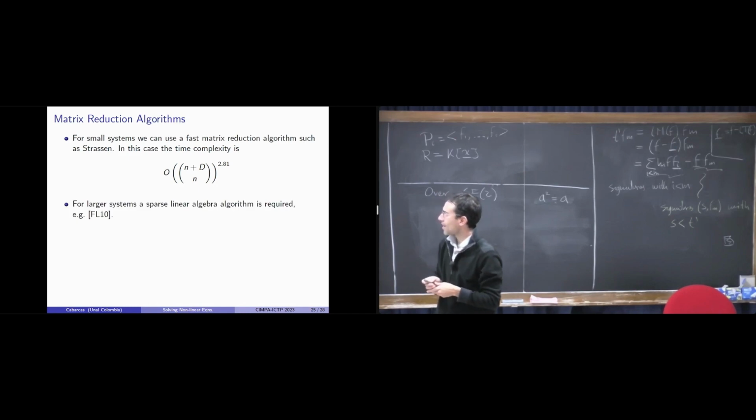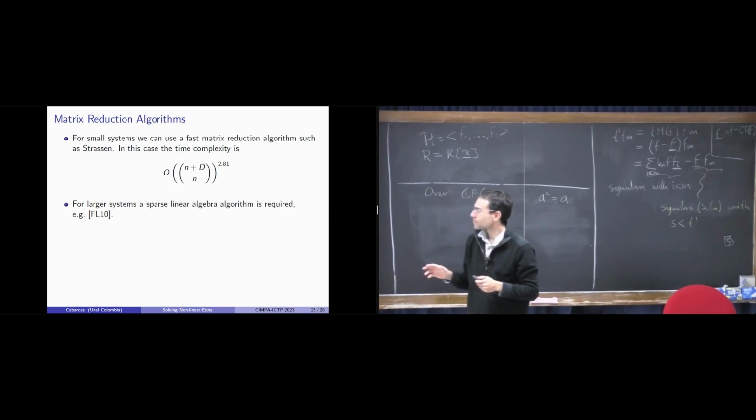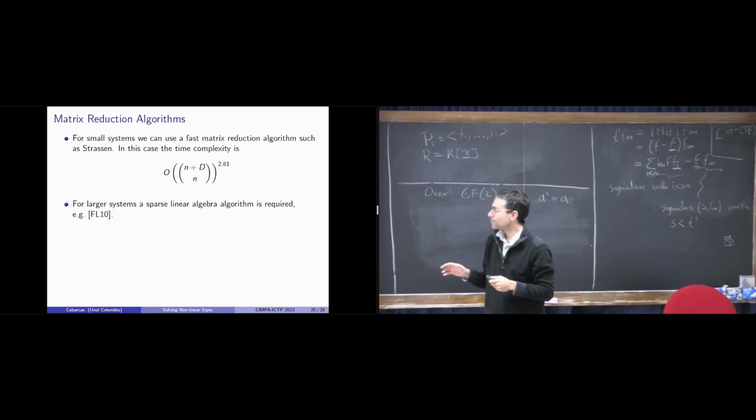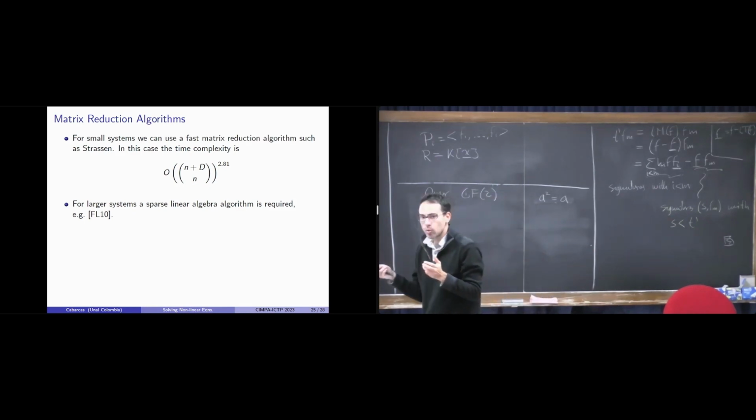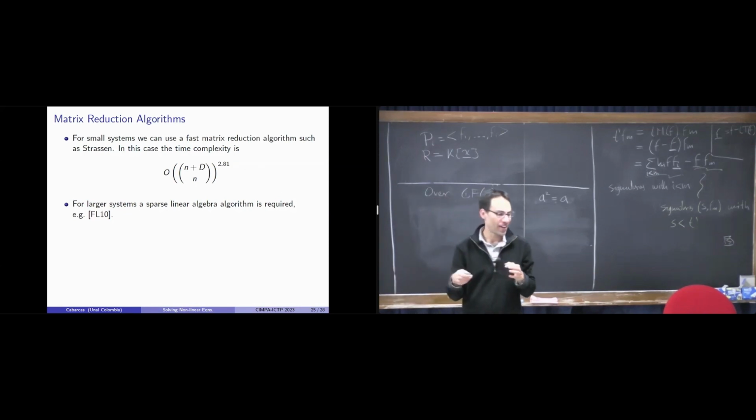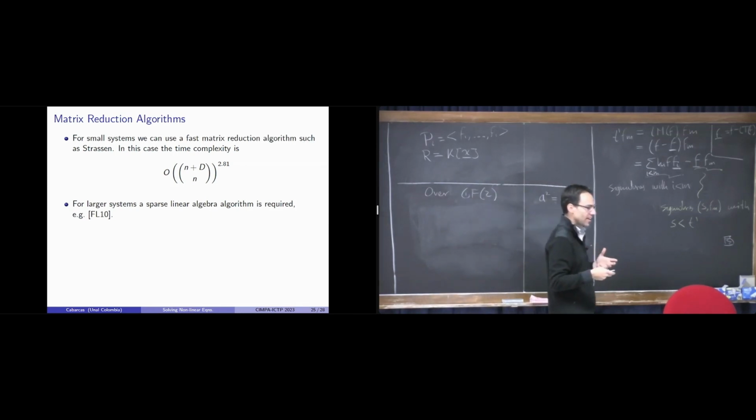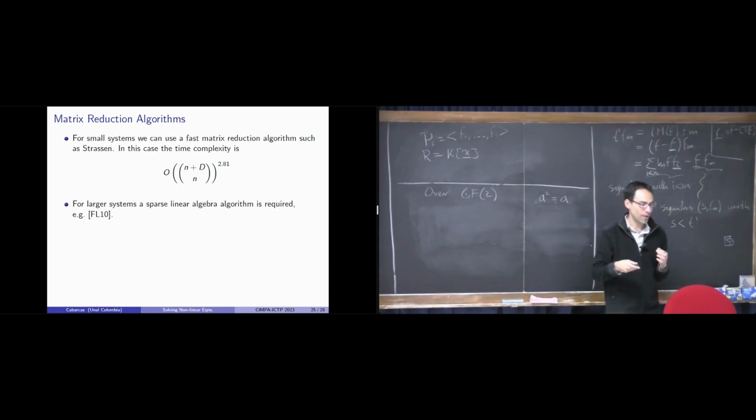However, for larger systems, a sparse linear algebra algorithm is required. If the system is too large, you cannot even store it as a dense matrix to be able to do Strassen. So you definitely need to rely on a sparse linear algebra algorithm.